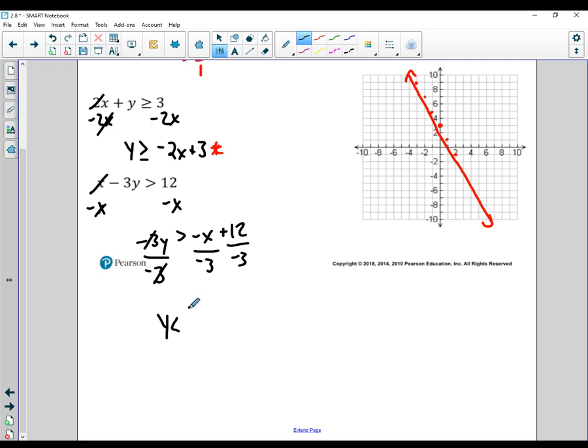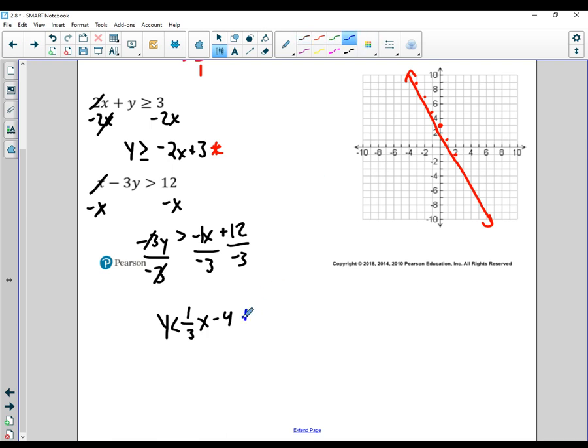X divided by 3, I can write that as 1/3 x. I can just put that x out front and leave a 1 up top, because negative x is really the same thing as negative 1x. And if I'm multiplying, I can just throw it outside. So that's going to help me graph it. And then 12 divided by negative 3 is negative 4.